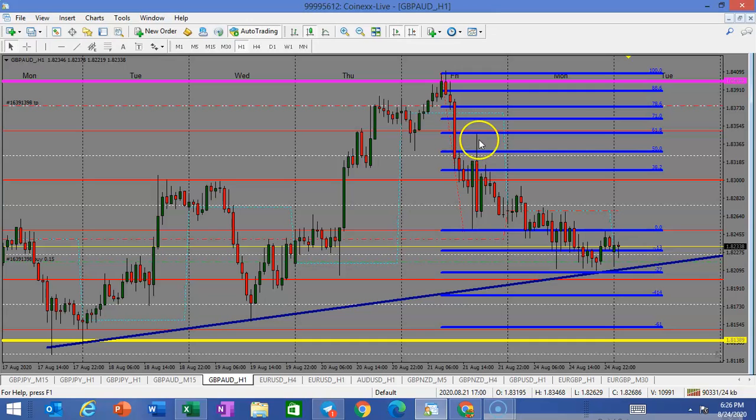It wicked past the 50 to the 61 and extended to the -27. So now the peak formation low, or the anchor low, is around here. I assume that price will not make it down there.